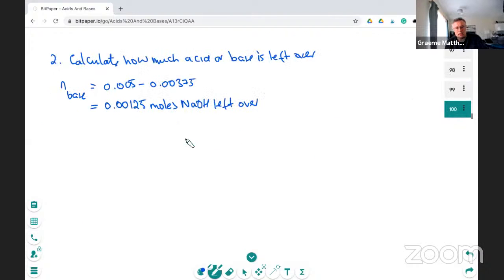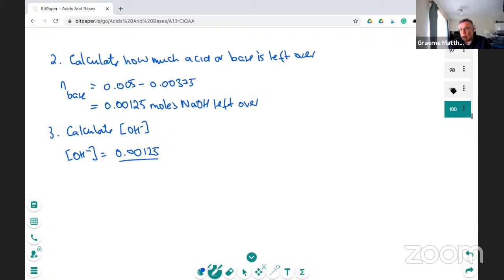Now part 3 is get the pH. Actually, first calculate the concentration of the hydroxide ion. Chemists, this is the only tricky bit. The concentration of hydroxide ion is going to be the number of moles, 0.00125, over the volume.